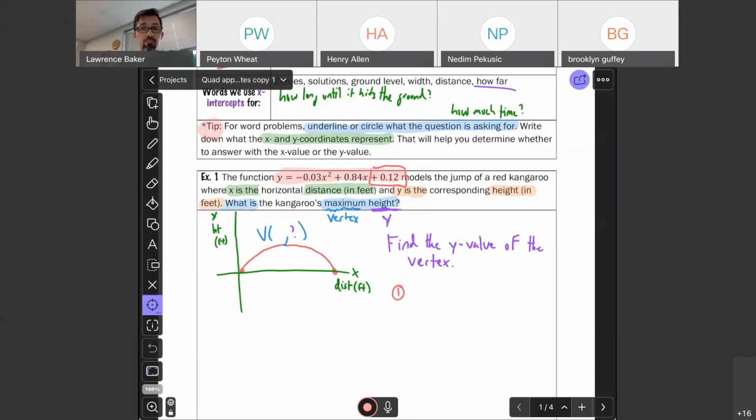We have to find x and plug in x. Find x first, yeah, plug it in. Yeah. Can't just find y, we have to find x first. So how do we find x?